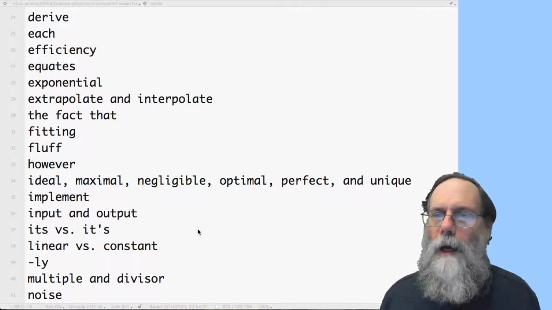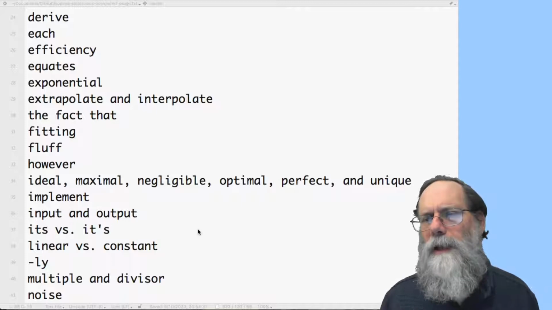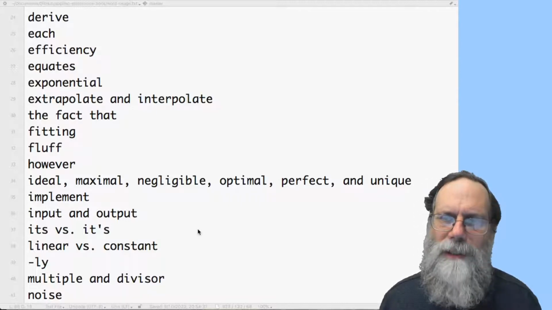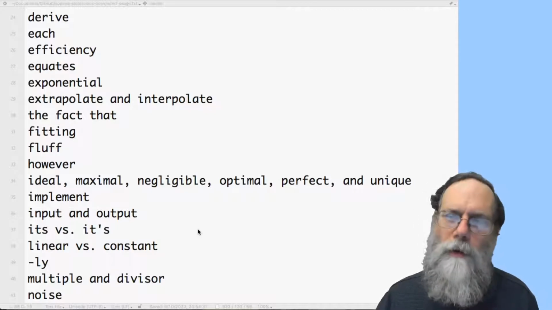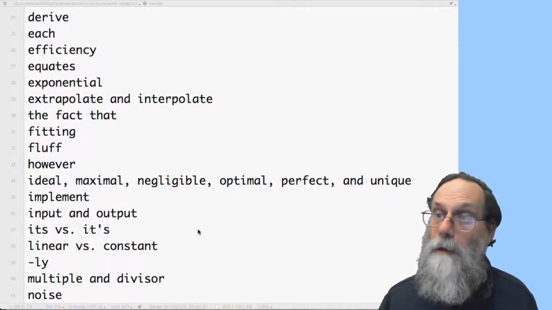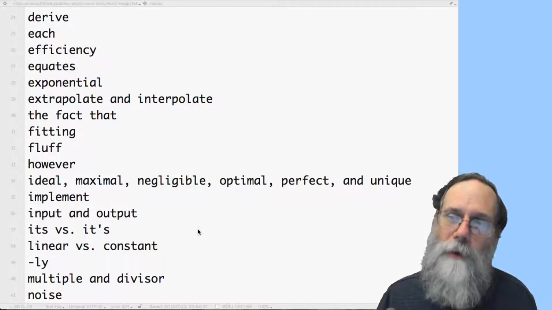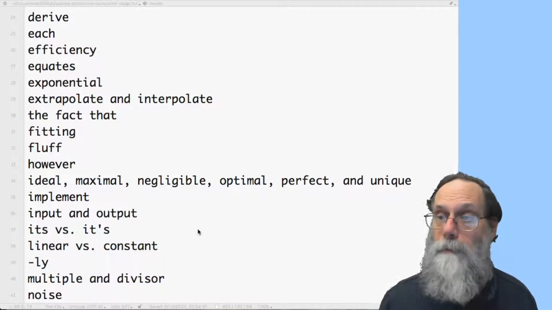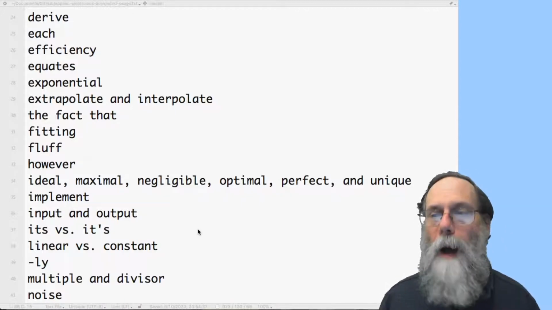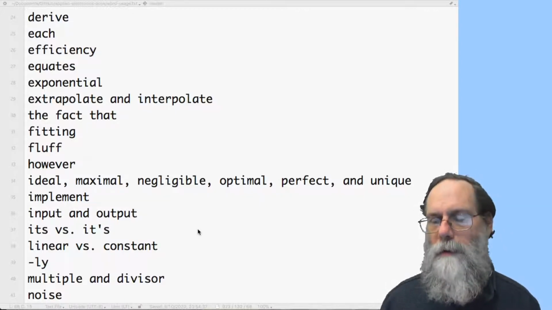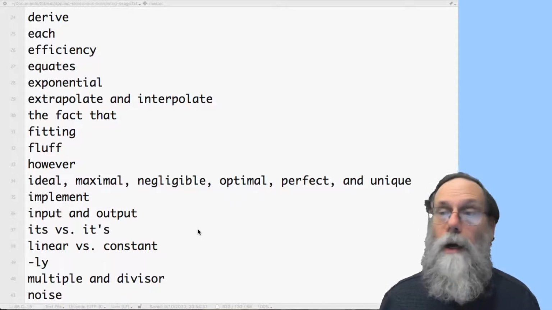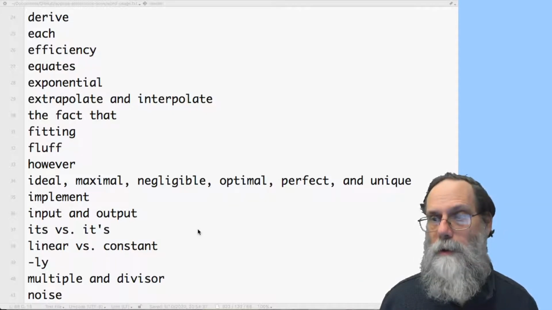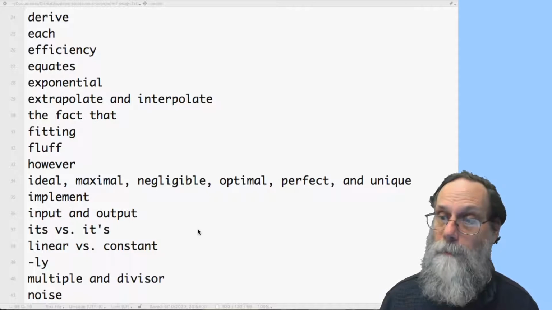Optimal is a special case here because it's a technical word. People don't usually use it in ordinary speech. So when you use optimal, I want that to mean best, but best for a very specific objective function that you give me. Tell me what function you are optimizing when you're claiming something is optimal. In some of the labs we do, some of the designs you do, there are different optimal solutions depending what you're optimizing for.